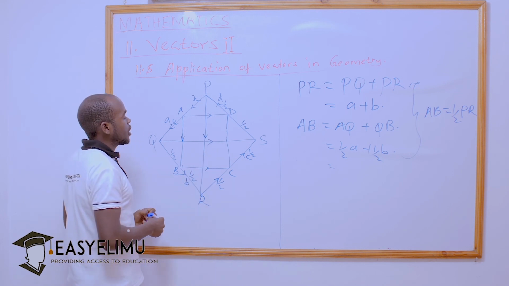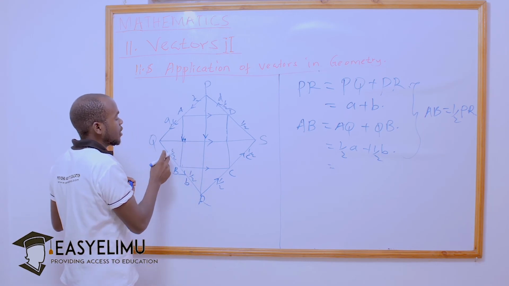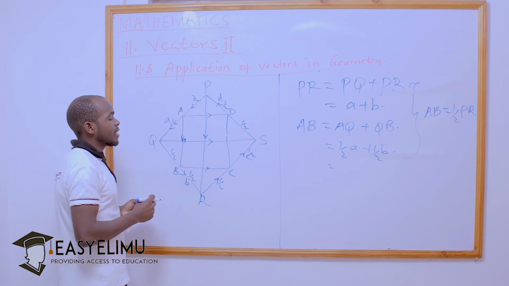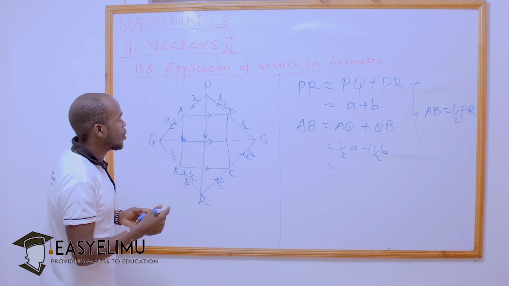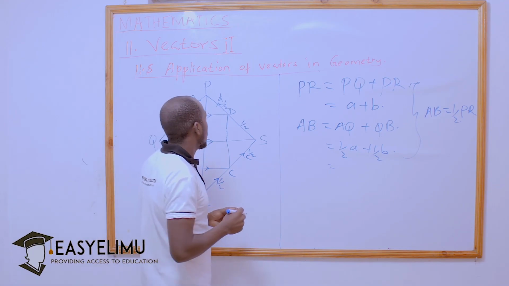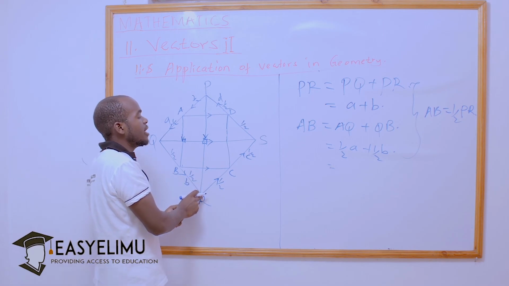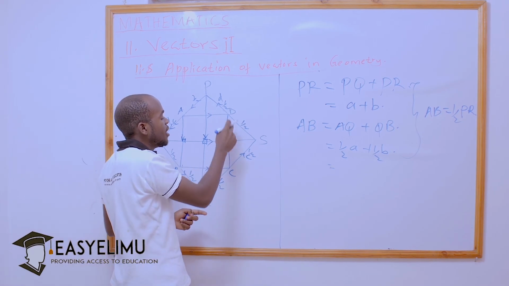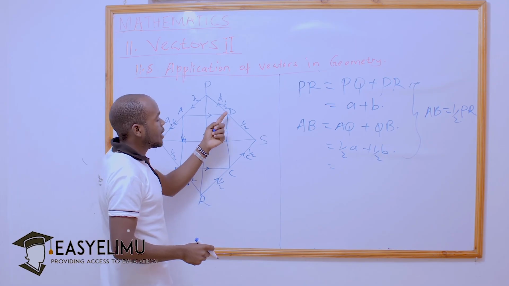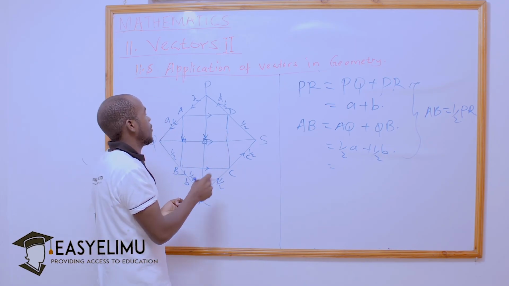So if they are parallel to each other, you will find that they are cutting this line here, which is parallel to the other at 90 degrees. So they are bisecting each other at 90 degrees, as you can see there. So if we found that this one is parallel to PR, and this one is the midpoint and this is the midpoint, then DC will also be parallel to PR by verification.